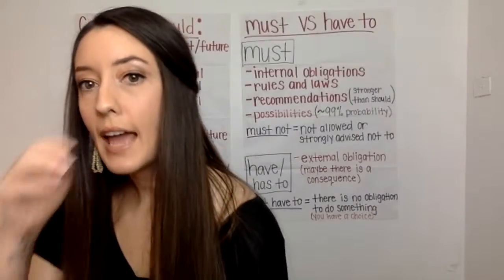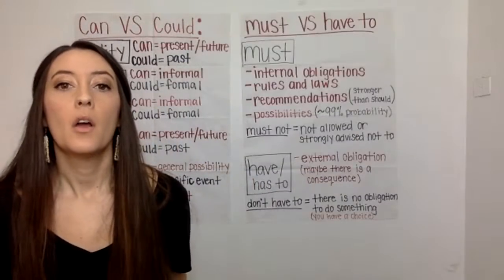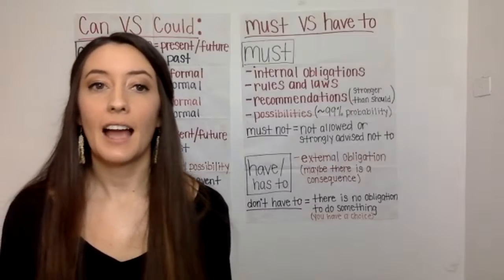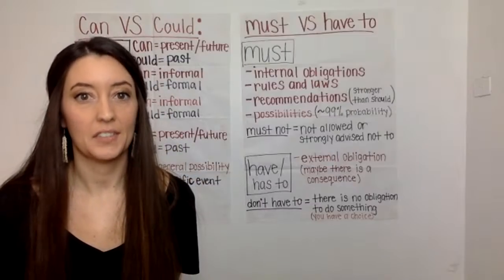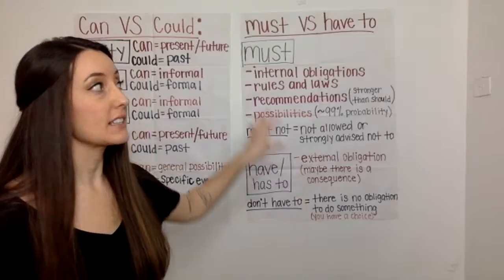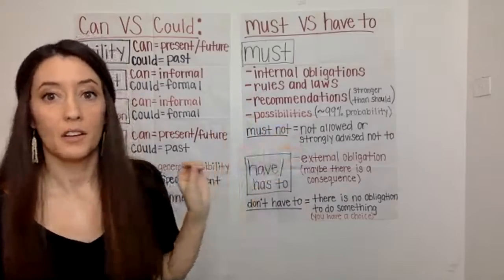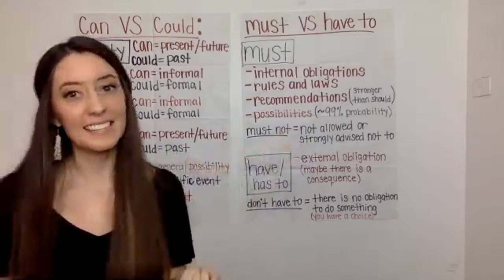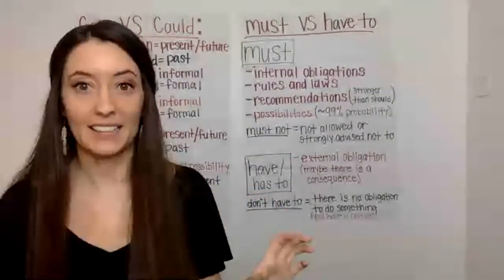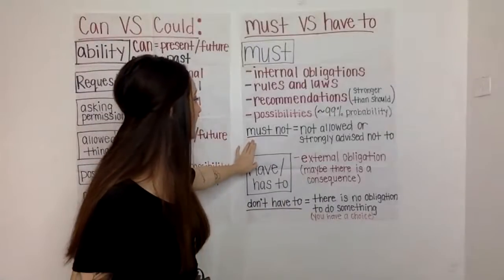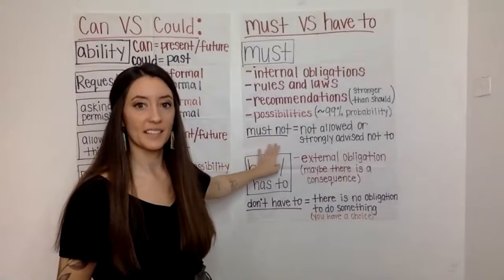Okay, now I also want to talk about when we make must and have to negative, okay? Because they have very similar meanings in the positive way, but when we make them negative, they have different meanings, okay? So must becomes must not or mustn't.